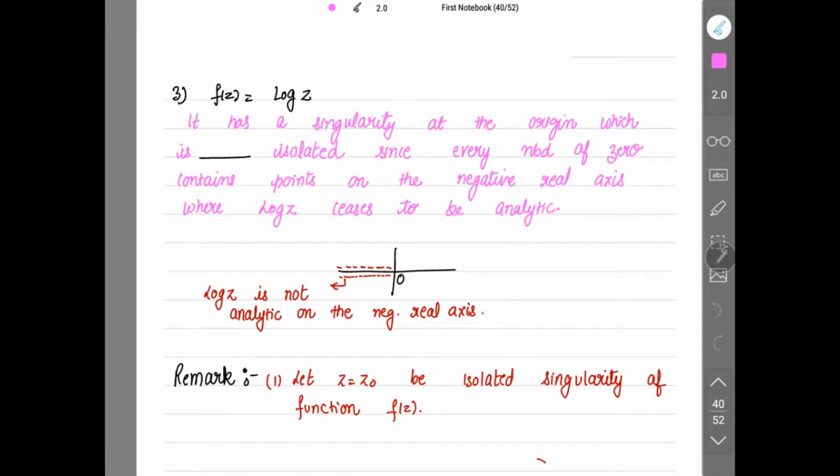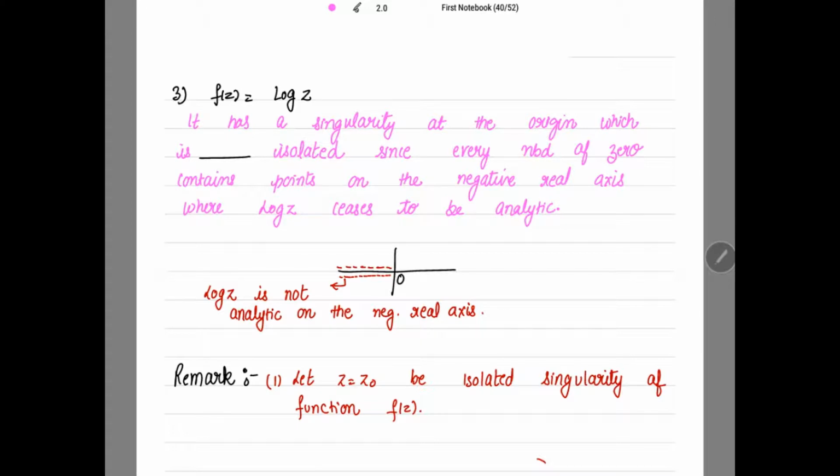Now the function f(z) equal to log z. It has a singularity at the origin, which is, now you have to tell me, isolated or not. First tell me what the singularity for this is, where the function is not defined. Yes, what is that point where this function is not defined?